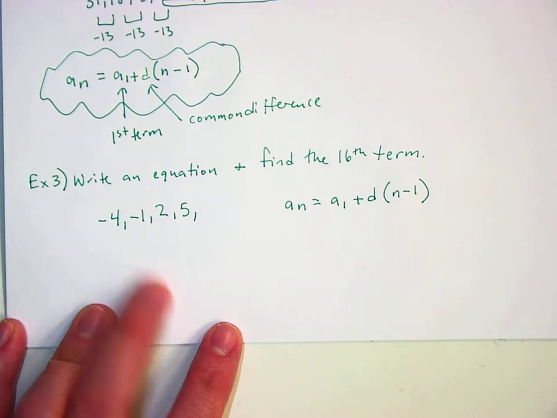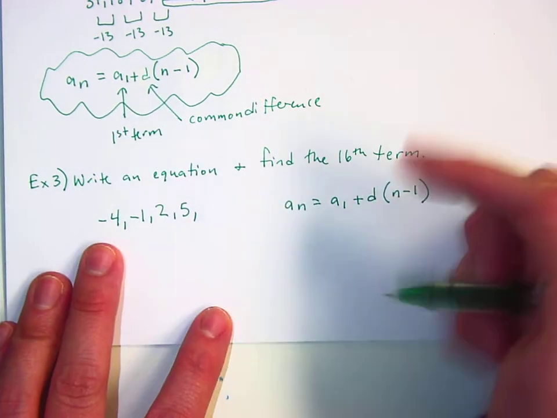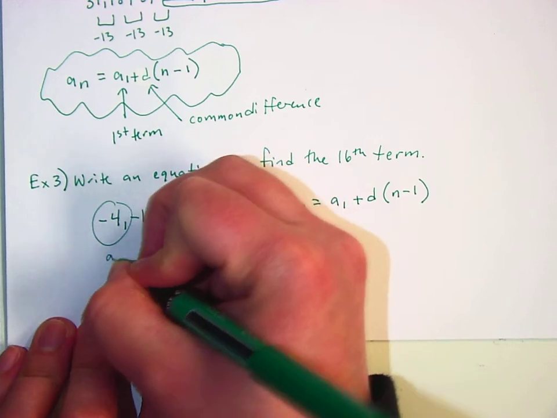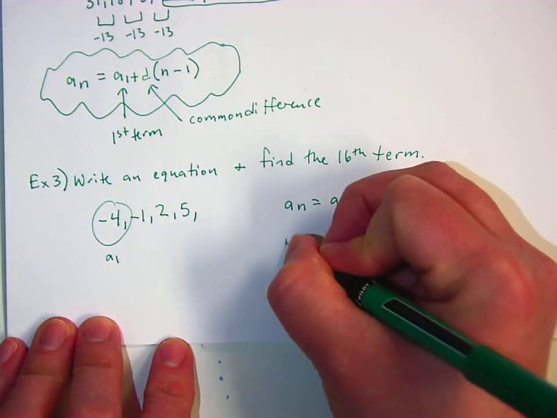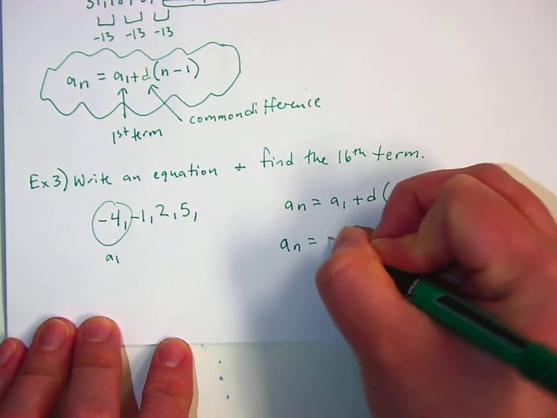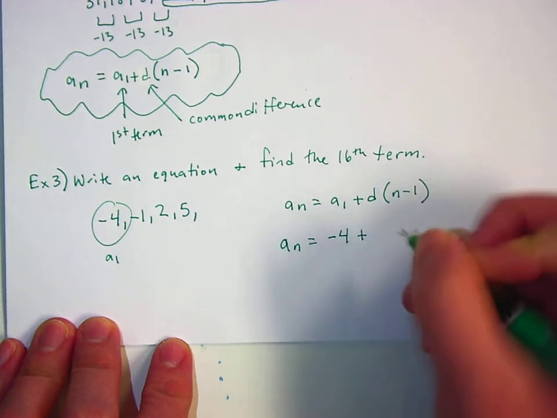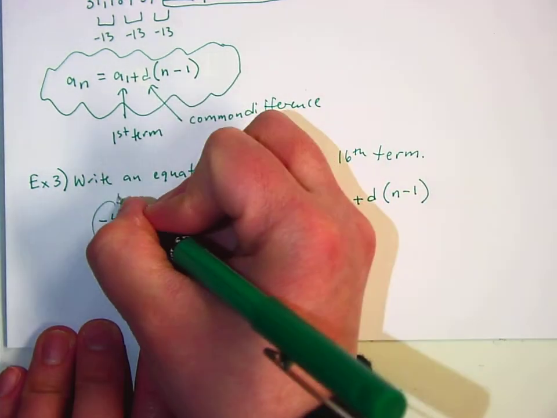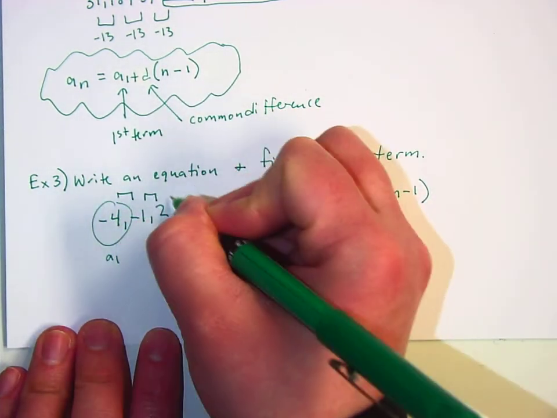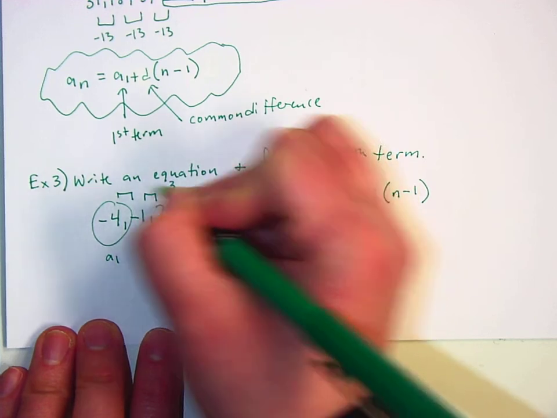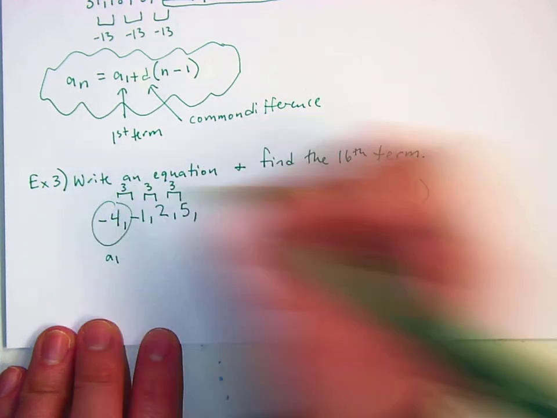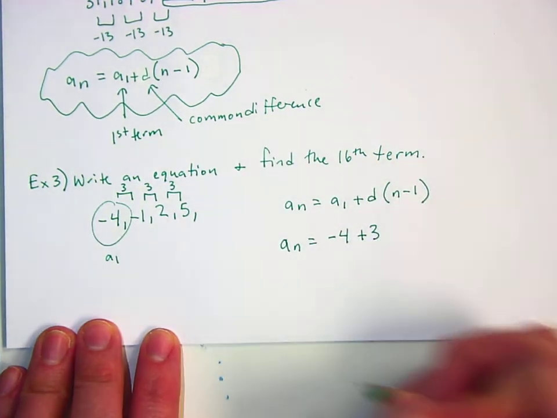So my first term is a sub 1, that's right here. That's -4. I'm going to write that in. And my difference, every time this one is adding by 3, so I'm going to make that a positive 3 because it's adding by 3 every time. I'm going to put that in for d.